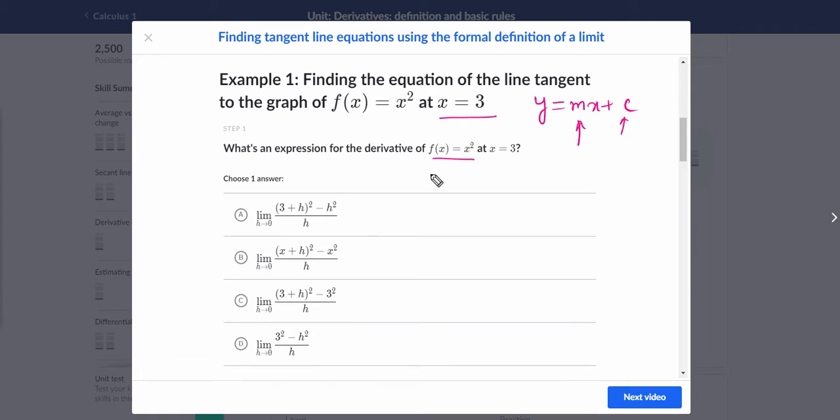So by the first principle, as we have seen, f dash of x is equal to limit h approaches 0, f of x plus h minus f of x whole divided by h. Now because our x is equal to 3, in x we will insert 3, and in f of x we will put x square.